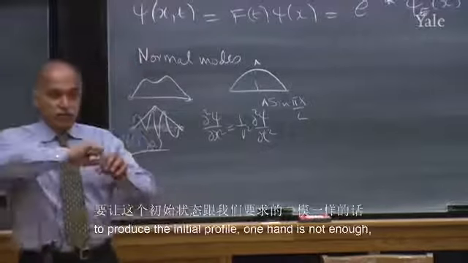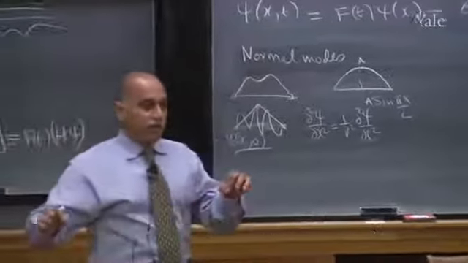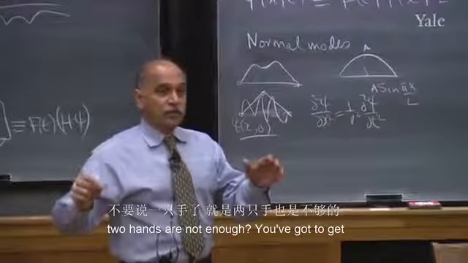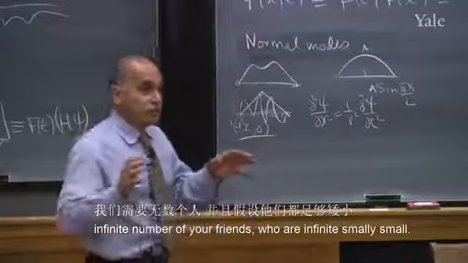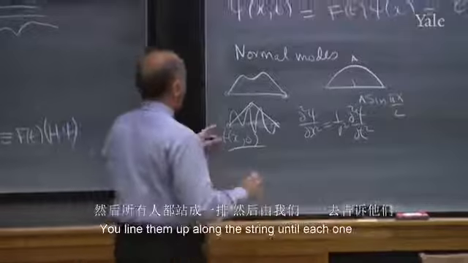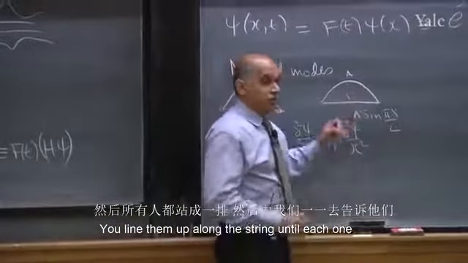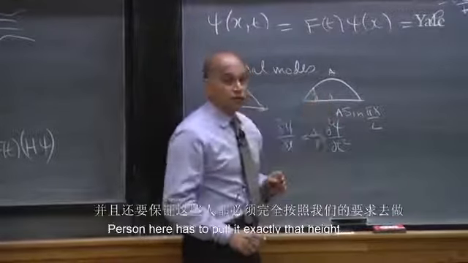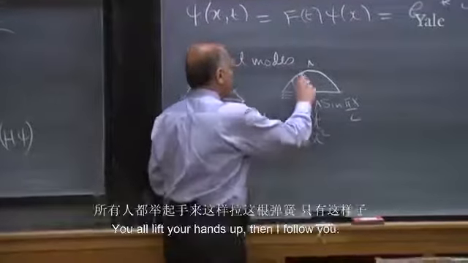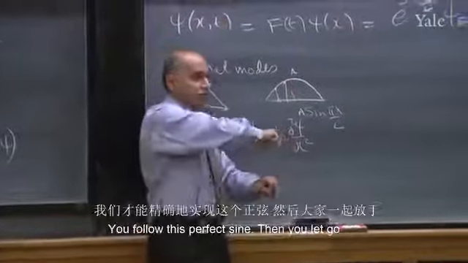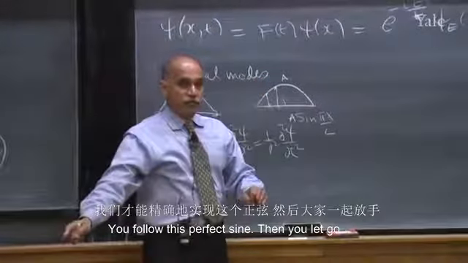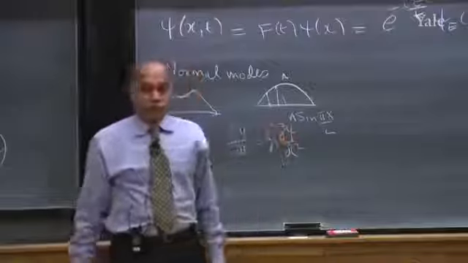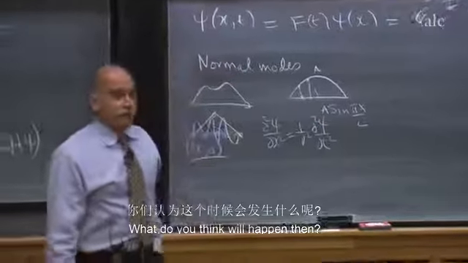Do you understand that to produce the initial profile, one hand is not enough, two hands are not enough? You've got to get an infinite number of your friends who are infinitesimally small. You line them up along the string, and tell the person here to pull it to exactly this height. Person here has to pull it to exactly that height. You all lift your hands up. Then I follow you. You follow this perfect sine. Then you let go. What do you think will happen then?